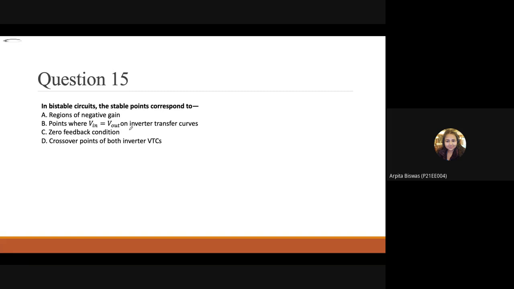In a bistable circuit, the stable points correspond to... So what is the right answer?